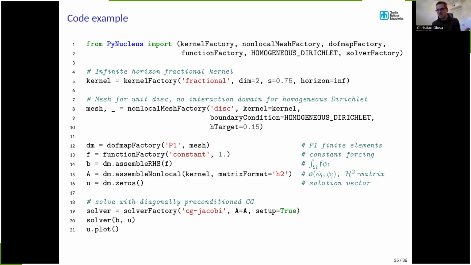We're setting up in line 12 a finite element space for our problem on that mesh. We're then constructing a load function first, and then we're assembling the load vector corresponding to that in line 14. We're assembling the stiffness matrix. We're getting a vector for our solution. We're constructing a solver in line 19. We solve the problem, and then we plot the solution. It's really as simple as that. Next slide, please.